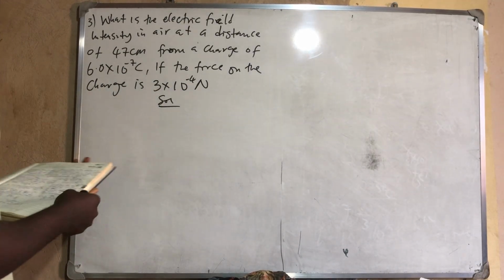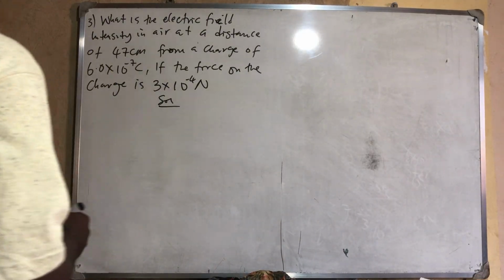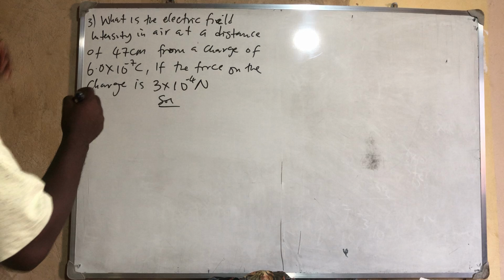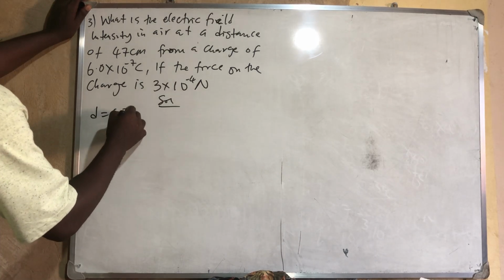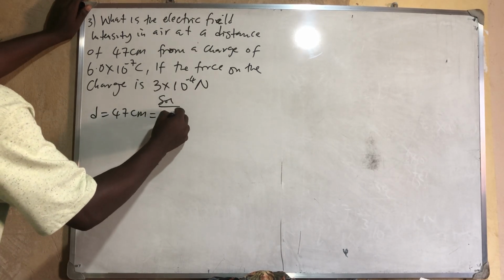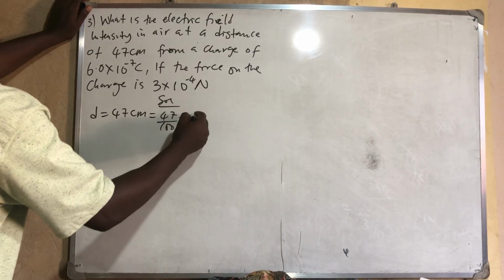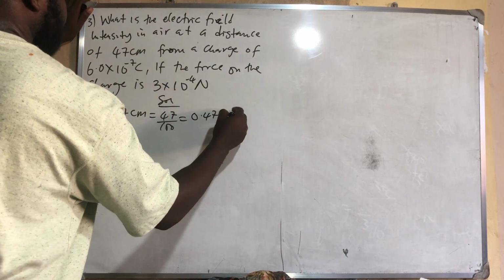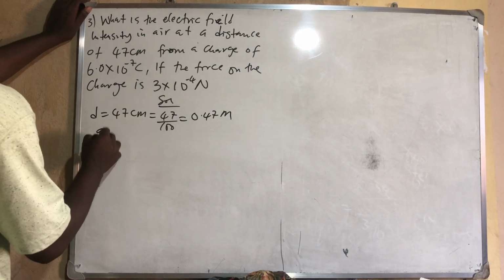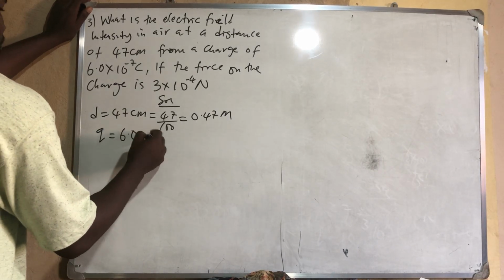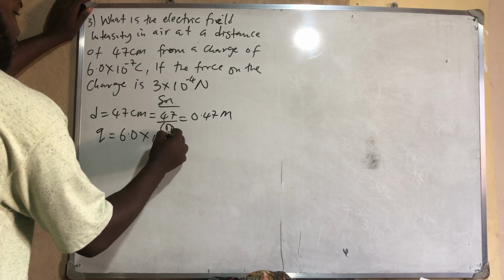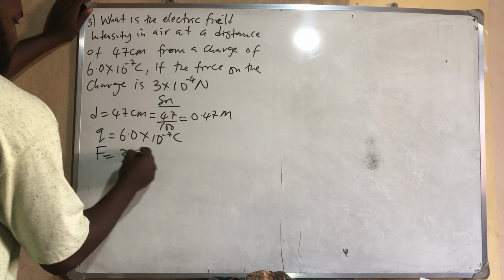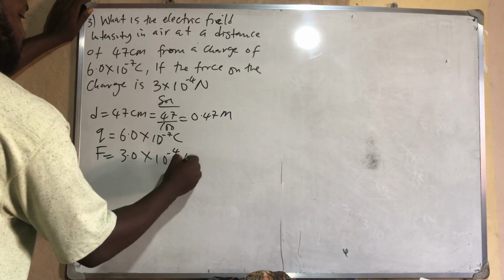Solution. Okay, so they gave me the distance as 47 cm, which is 47 divided by 100, which is 0.47 meters. The next thing they gave me is charge. The charge is 6.0 times 10 raised power minus 7 coulomb. The next thing they gave me is force, which is 3.0 times 10 raised power minus 4 Newton.